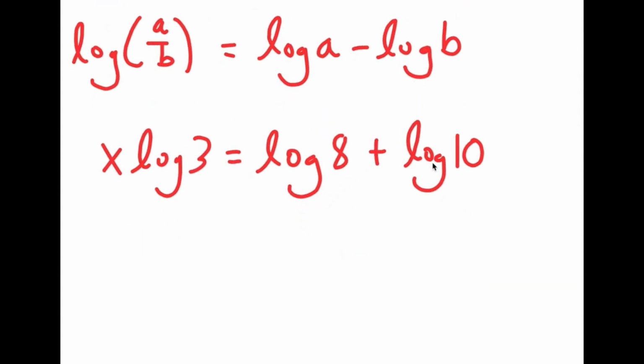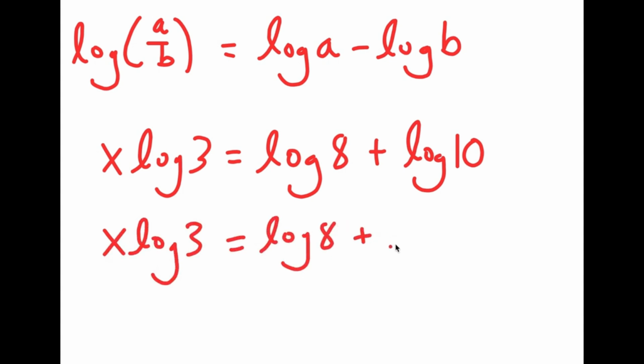Now, if you guys didn't already know, log 10 is simply equal to 1. So I get x times log 3 is equal to log 8 plus log 10. Or sorry, just 1.